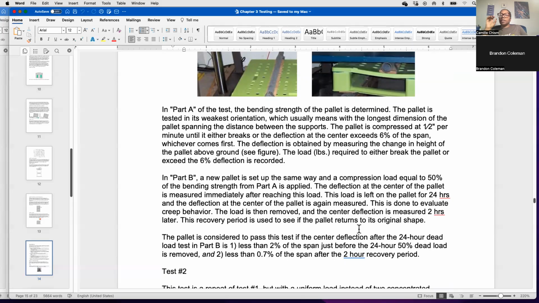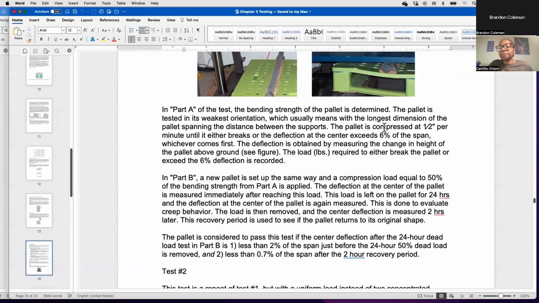So you're trying to see, over a long period of time, what that deflection looks like. And you want to see if there's any creep to your pallet. So whereas this pallet may seem solid, once you put something really heavy on it, it may start to deflect. So you can't really see it, but on here, I can press it.